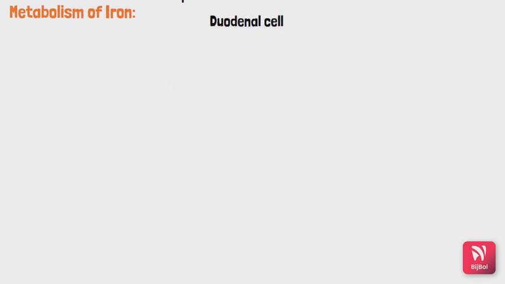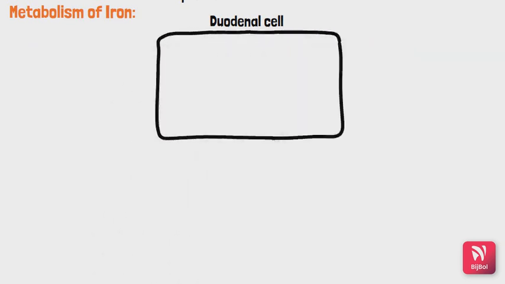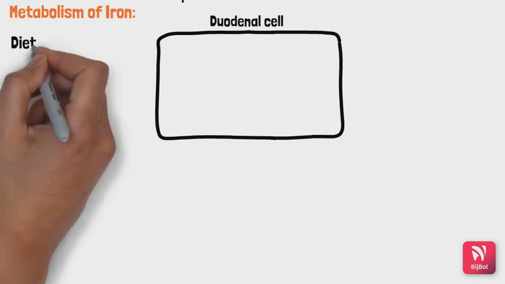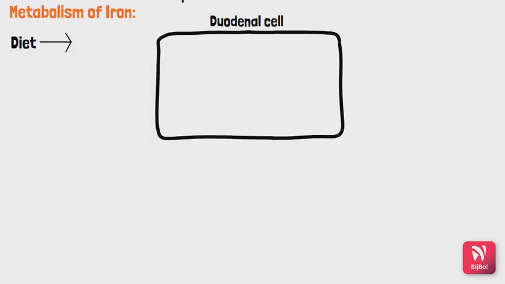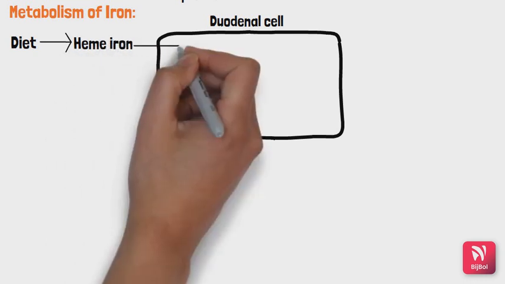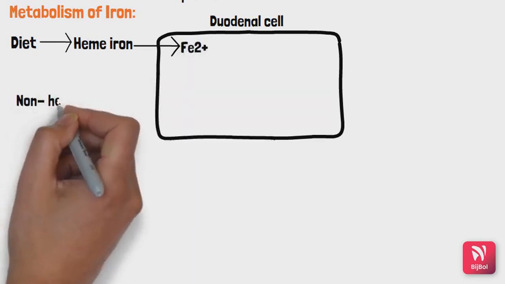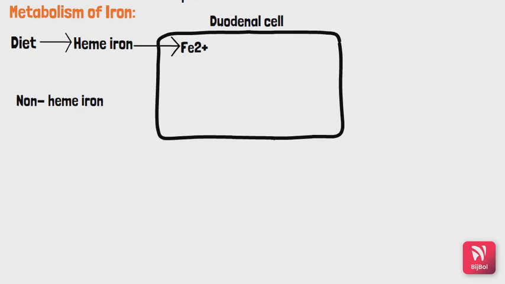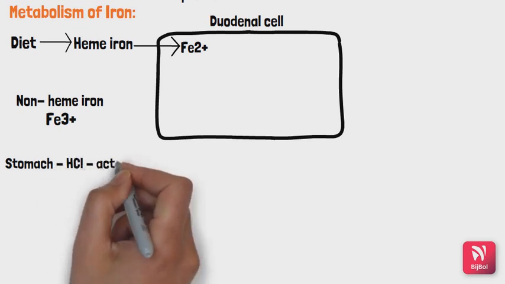For example, take this as a duodenal cell here. From the diet, that is from animal products, we get heme iron, which is in the ferrous form. The ferrous form of iron can be easily absorbed into the duodenal cell, whereas non-heme iron, which is in the ferric state, cannot be absorbed into the duodenal cell, so it has to be reduced to the ferrous form.